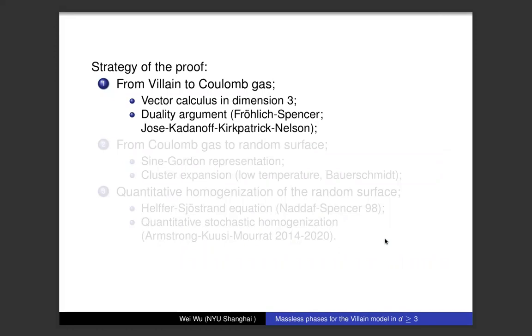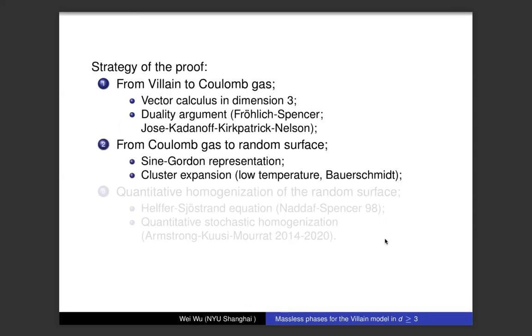The first step is that we're going to recall some of the rather classical duality arguments from the 70s and 80s to map the Villain model to a Coulomb gas model. And then we do renormalization. Again, there are some known techniques for how you do the renormalization. In particular, you can use cluster expansion to further reduce this Coulomb gas model to some other Gibbs measure, which takes real values.